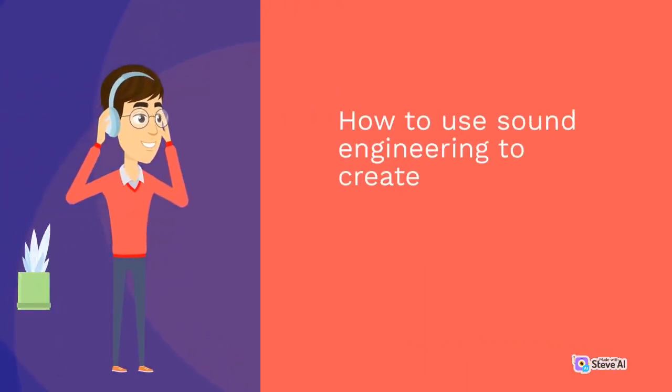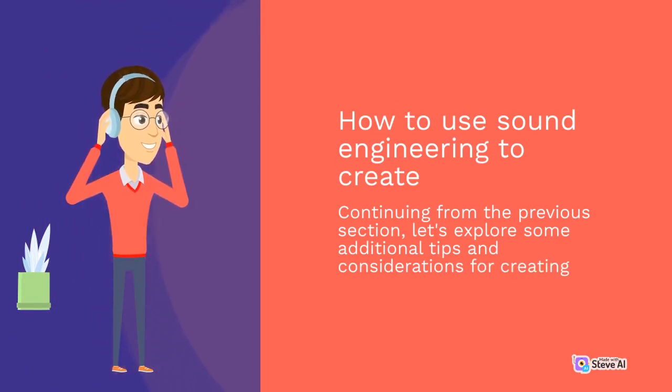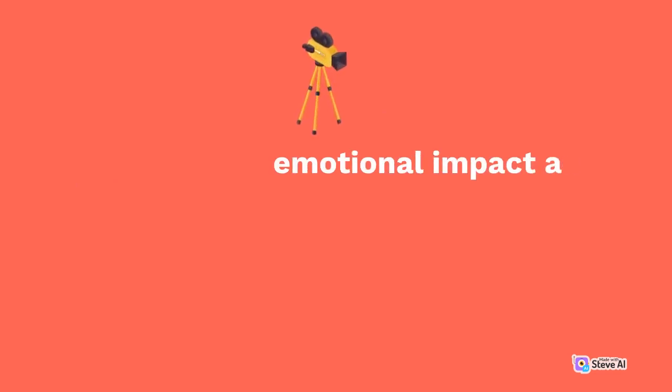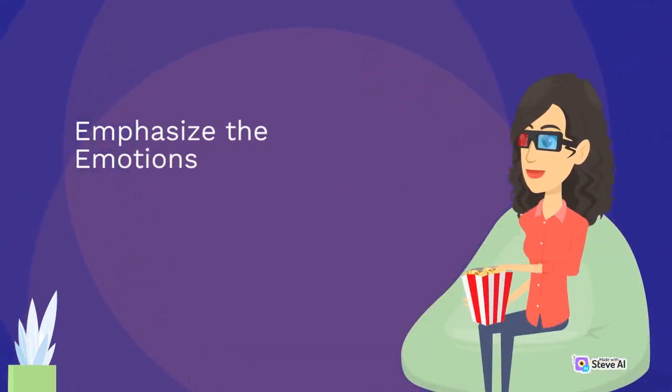How to use sound engineering to create. Continuing from the previous section, let's explore some additional tips and considerations for creating emotional impact and audience attention through cinematography. Emphasize the emotions.